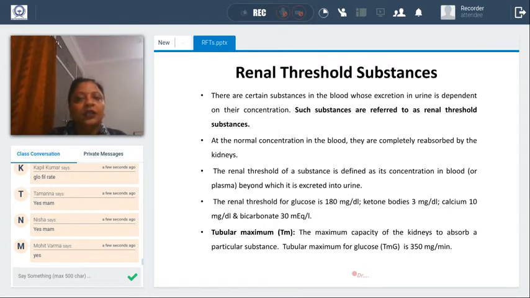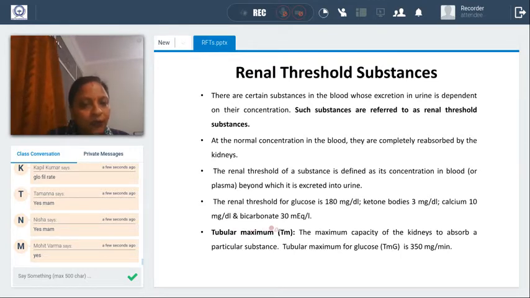The renal threshold of a substance is defined as its concentration in blood or plasma beyond which it is excreted into urine. The renal threshold for glucose is 180 mg per dl, for ketone body 3 mg per dl, for calcium 10 mg per dl, and for bicarbonate 30 milliequivalent per liter.